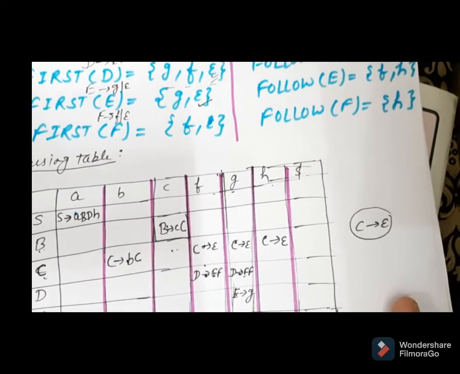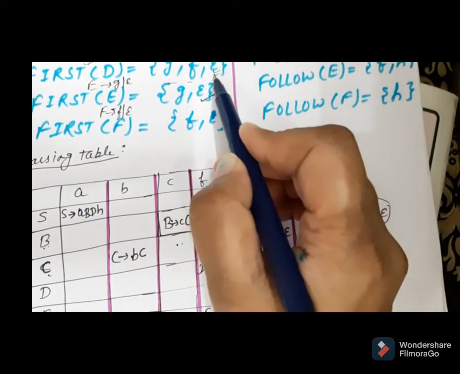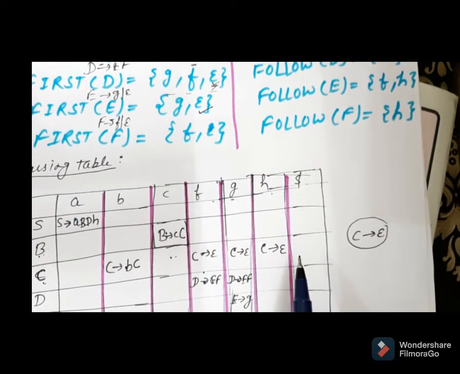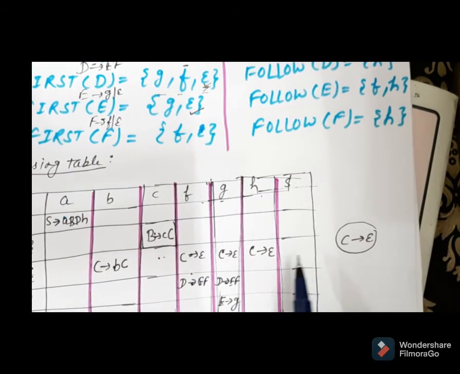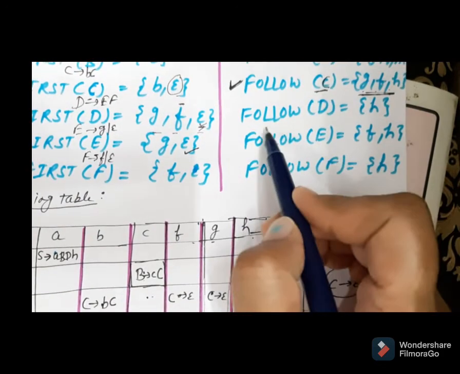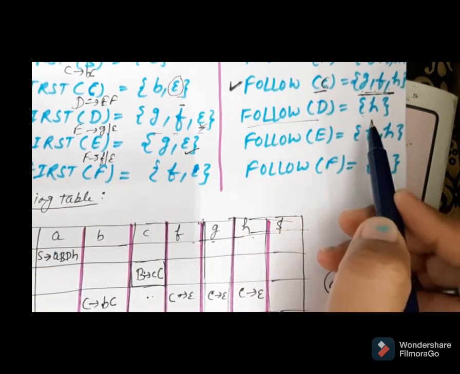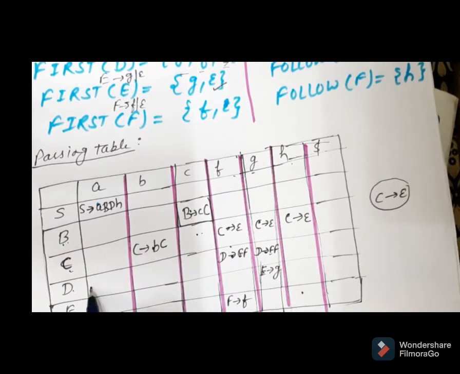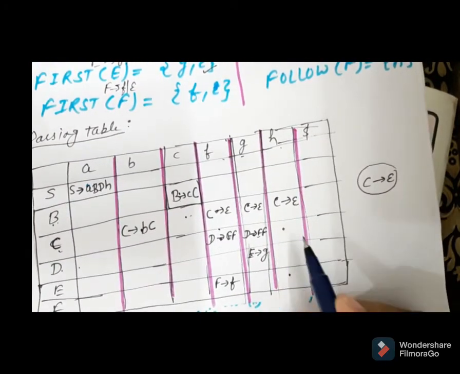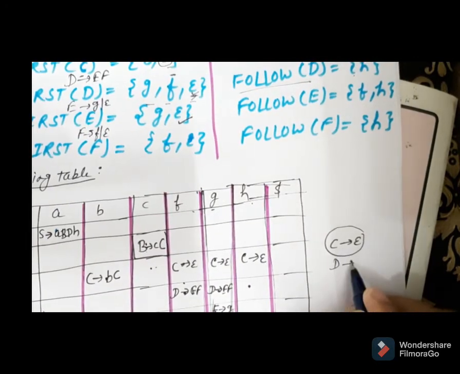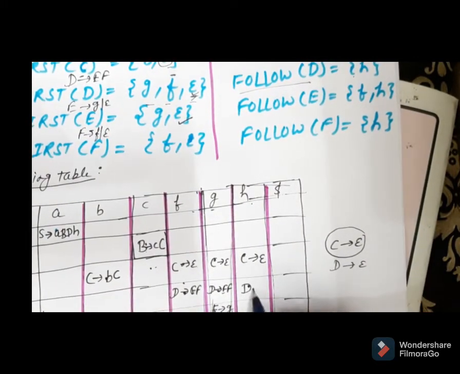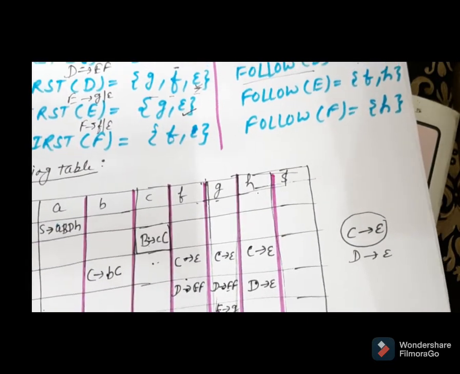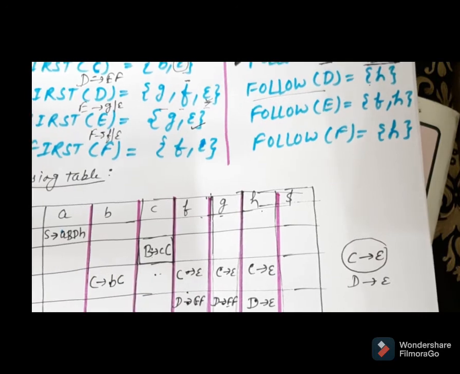And now I will proceed further. D. For D, epsilon is also there. So I have to check the follow of D. Follow of D is only H. This is D and H is this one. So here the production I will use is D tends to epsilon. So I will write here D tends to epsilon.